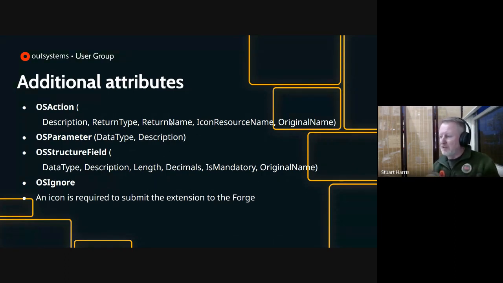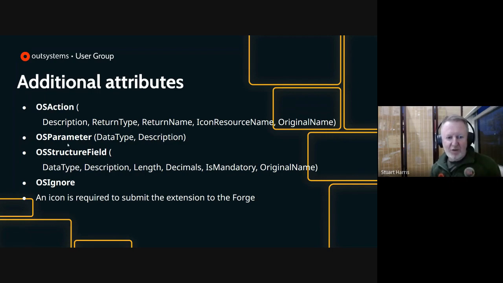If you change an action in a module and change the name of it, and then you update the next module that's using it, it'll go, oh, that's just the same action, I'll just update all the usages of it. The way it does it here is you have to put the original name of the action in the attribute tag. So if you change it, leave the original name the same, and OutSystems will take care of it for you, and everything will be rainbows and unicorns.